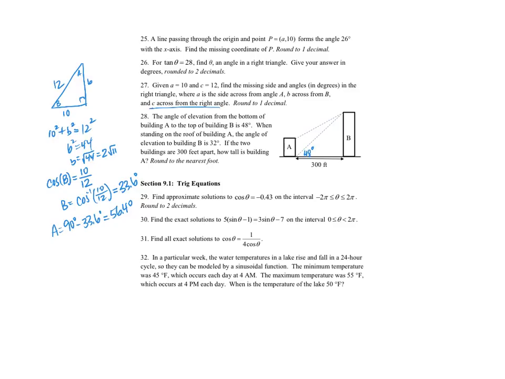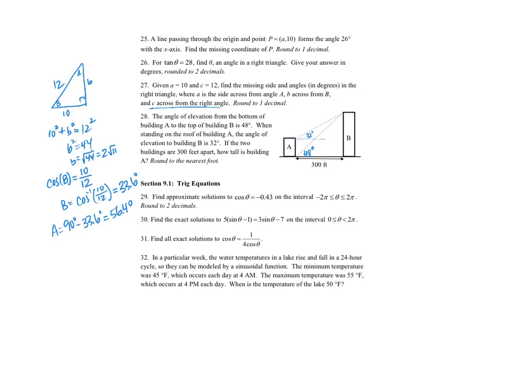When standing on the roof of building A, the angle of elevation to building B is 32 degrees. So if I put a dotted line here, this angle is 32 degrees. If the buildings are 300 feet apart, how tall is building A?